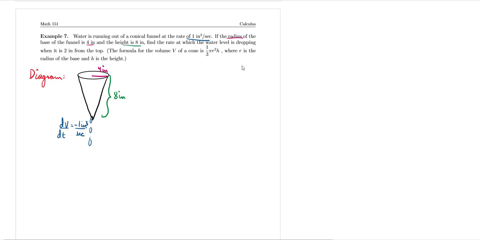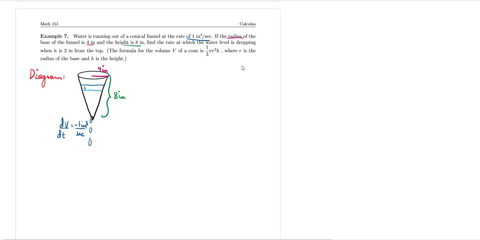Now we want to figure out at what rate the water level is dropping when it is 2 inches away from the top. So I'm going to go ahead and draw the water level here. And this one here, it is dropping. Now we want to figure out how much it is dropping.